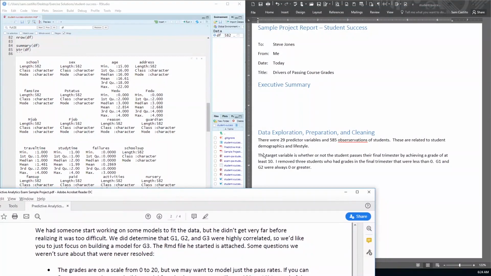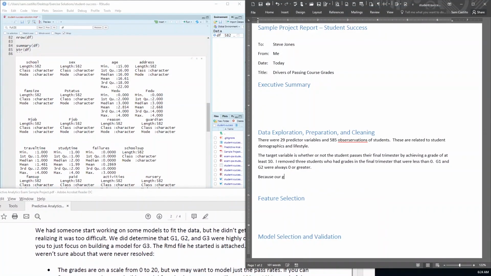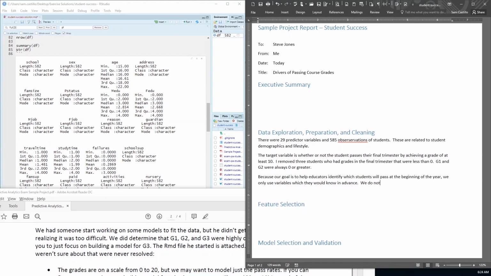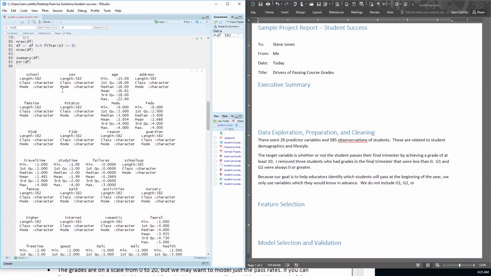Okay, so in other words, because our goal is to help educators identify which students will pass at the beginning of the year, we only use variables which they would know in advance. We do not include G1, G2, or school failures, which would not be known.